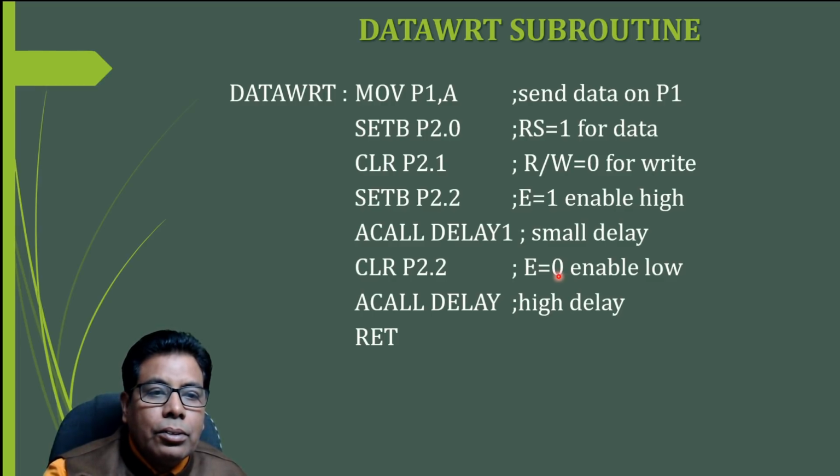So during this period the data will be written into the LCD. After that we call delay. That is a large delay, a high amount of delay we have given for this, and then we return. So this is what is done in the data write subroutine.